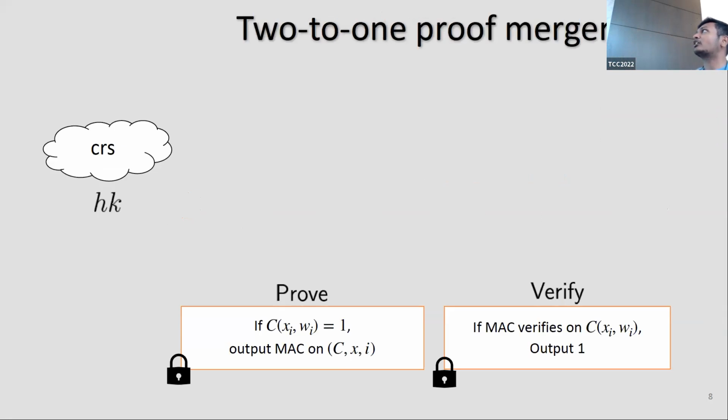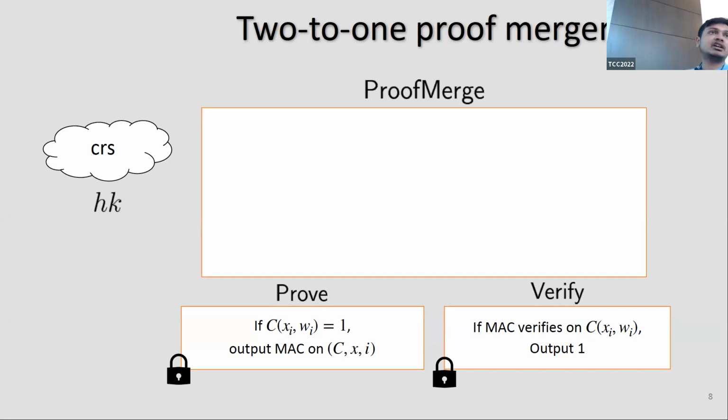Okay, so in our contribution, we create this 2-to-1 proof merger program. Below, these are the 2 Sahai-Waters programs, prove and verify. Additionally, we're going to create another program, proof merge. What this program does is, imagine you have a left node and some hash value.